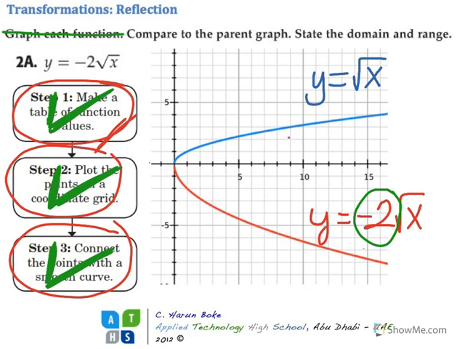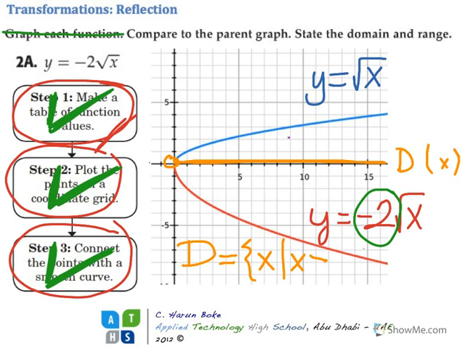For the domain and the range, we just look at the graph. Domain is the x values, right? So domain is the x values such that now we use the x values here, which are positive starting from 0. So we say x is greater than or equal to 0.